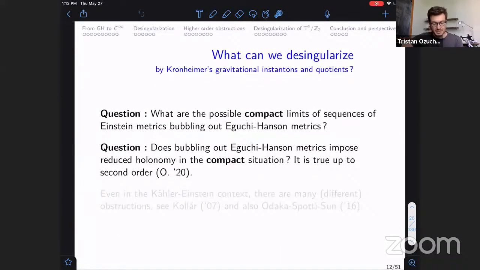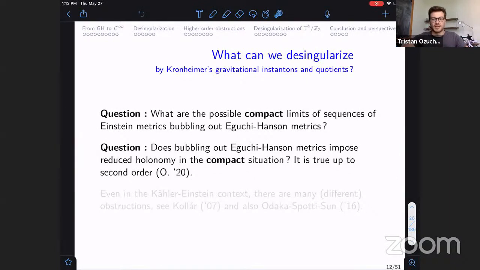My question here is: does bubbling out Eguchi-Hanson metrics impose reduced holonomy on the orbifold and on the whole sequence that is approaching the orbifold? That would probably be the very long-term conjecture of all of this search for obstructions, and that would also motivate all of this reduced holonomy study.